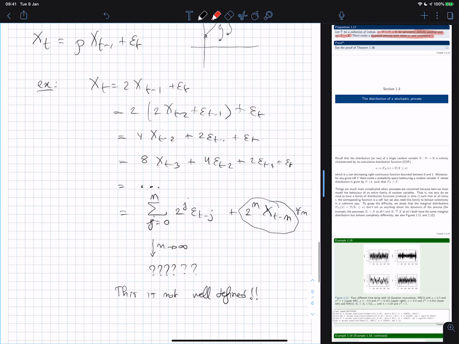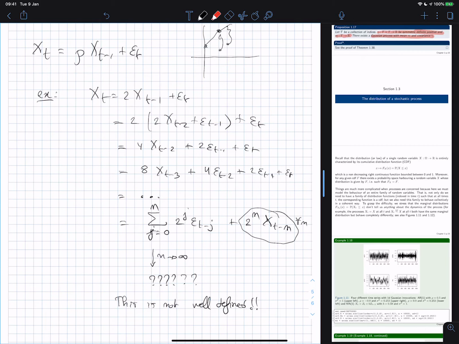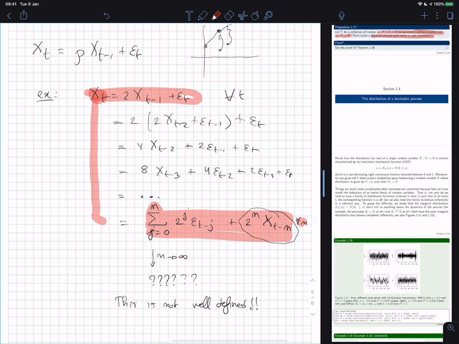Well, that's an excellent question, Lisa. If I define this, and if I want this to be valid for all t, because that's the way I want to define it, then this must be true as well, and therefore all these steps must be true as well. So for any n in the integers, my x_t has to be equal to this.